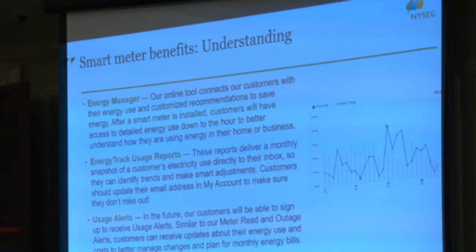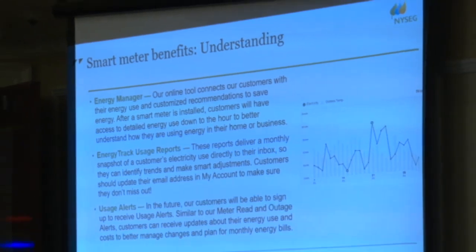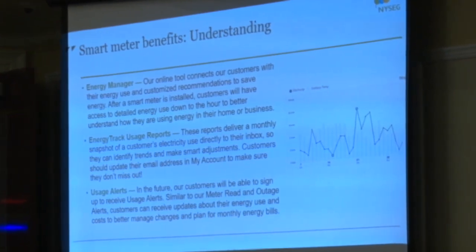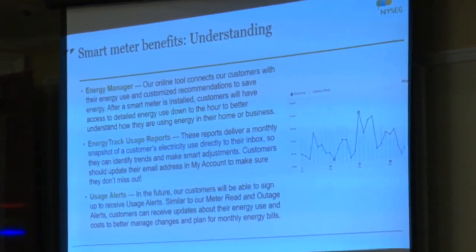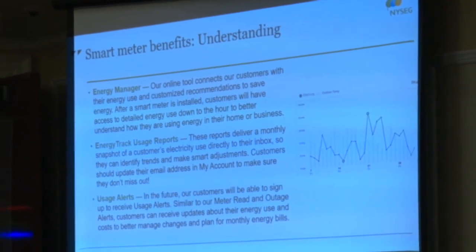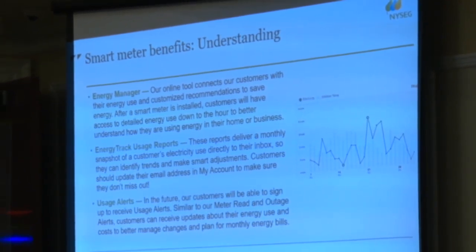So another benefit is we're going to have an energy manager tool that will be on our NYSEG app and website. Under your account, you're able to go in and see. I know that chart's not the easiest to look at, but the bars are essentially the daily temperature, and the lines are the kilowatt usage.